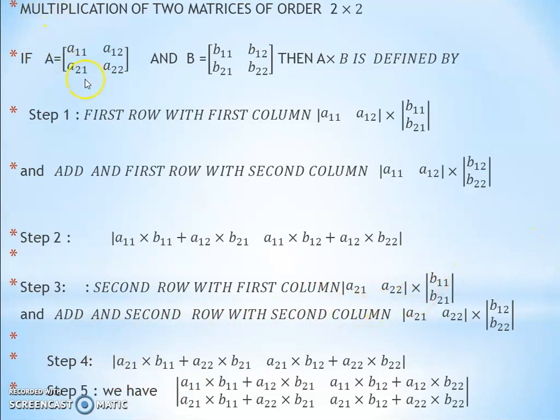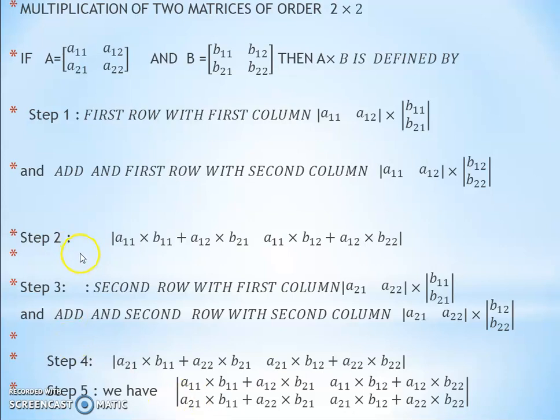Means we choose the second row of the first matrix, a21 and a22, multiplied with column number 1 and then column 2 of the B matrix. So a21 into b11 plus a22 into b21. Next, a21 into b12 plus a22 into b22.